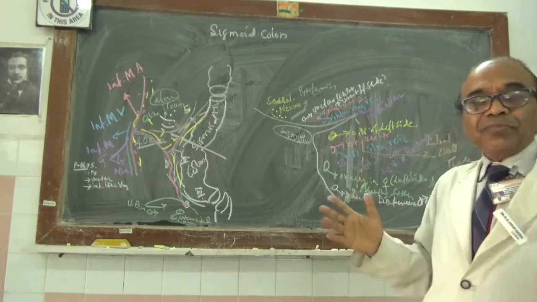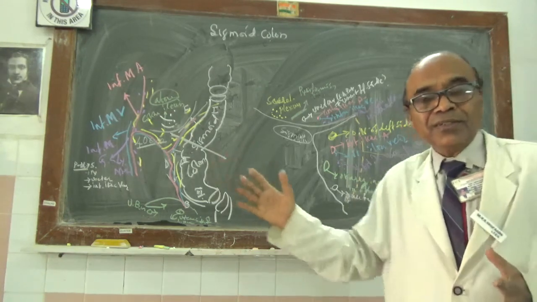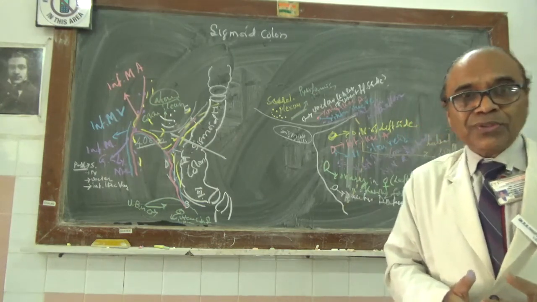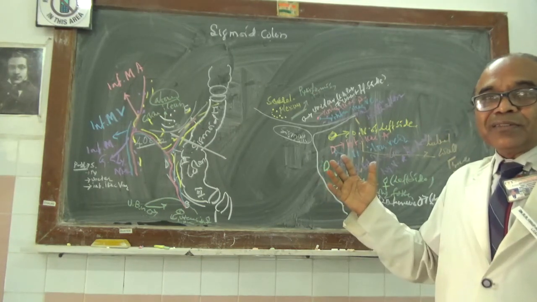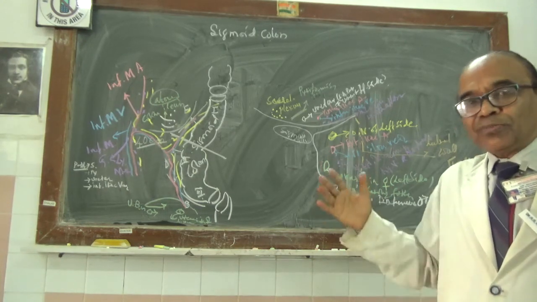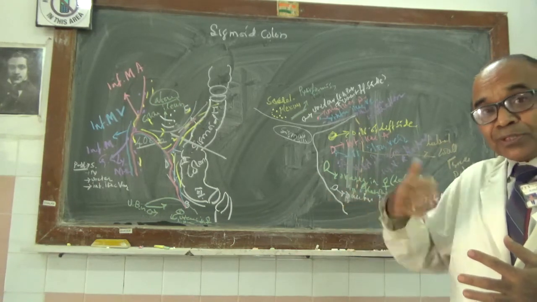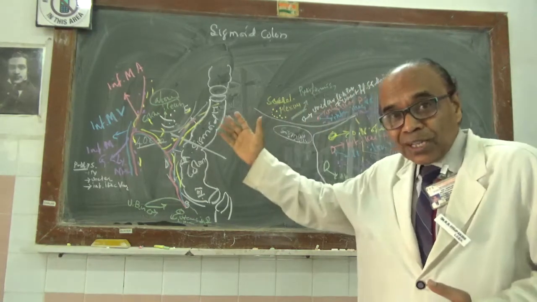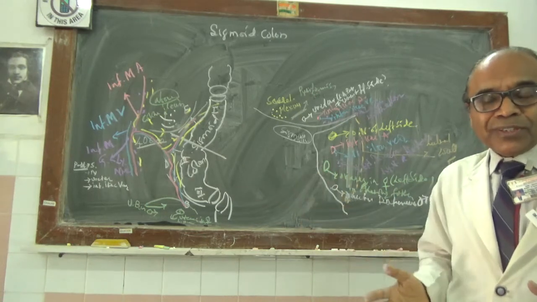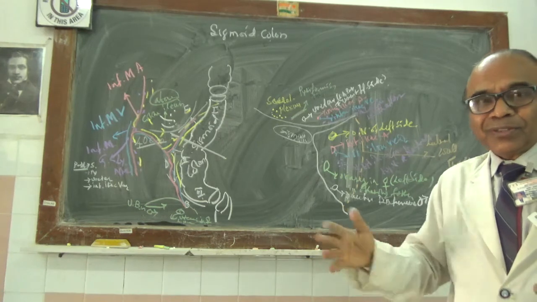Nerve supply is by the superior mesenteric plexus of nerves and the inferior mesenteric group of nerves, but in toto it is the mesenteric or the autonomic. This is how you get the difference in the large intestine. For the small intestine, the nerve supply is mesenteric, supplied by the jejunal and ileal nerves, the mesenteric plexus.